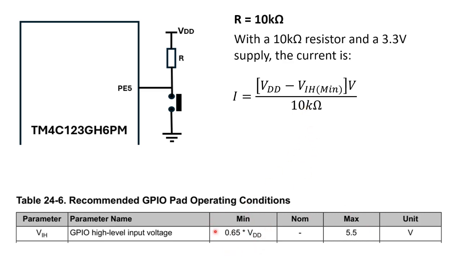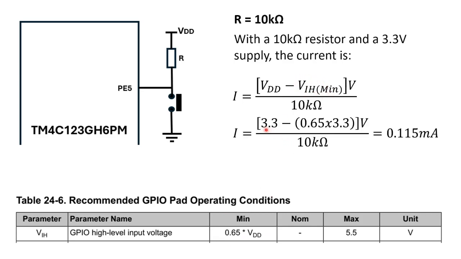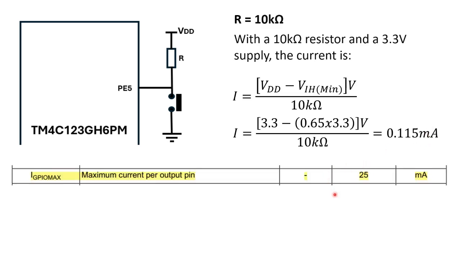So if you substitute this into here for min, then we will get 3.3 minus bracket 0.65 multiply 3.3 volts divided by 10k ohm. That will give us 0.115 milliamp. Now this is still within the 25 milliamp. Don't forget this is the maximum current per output pin that we've seen earlier. So 0.115 milliamp is still within the 25 milliamp.